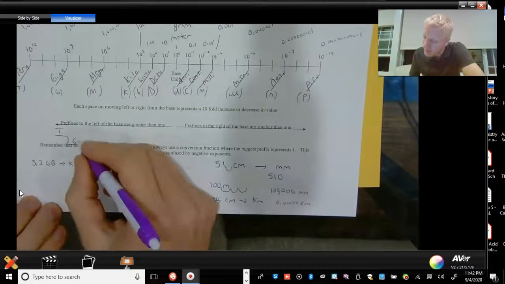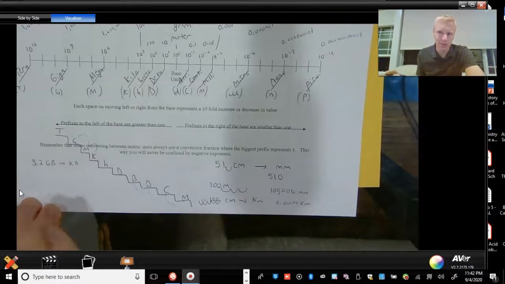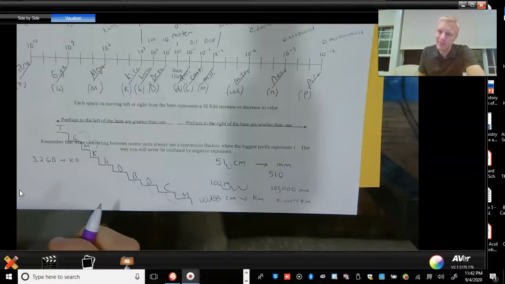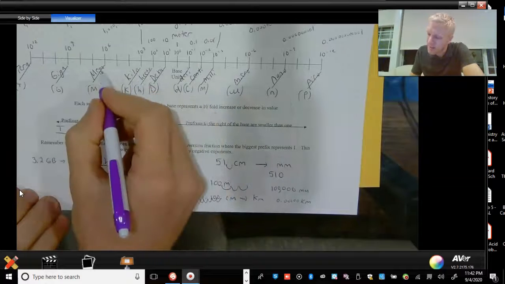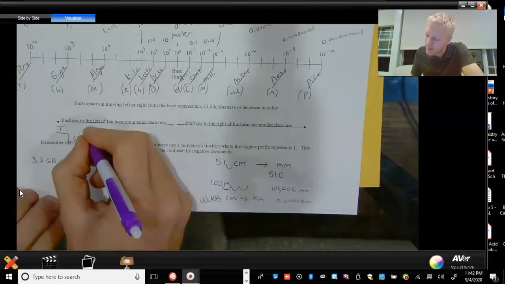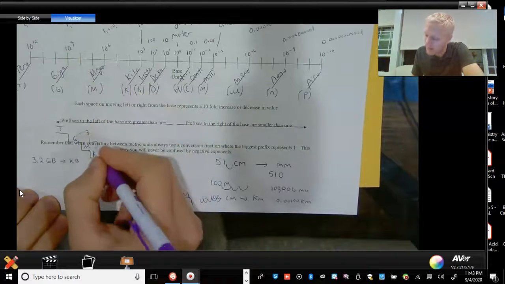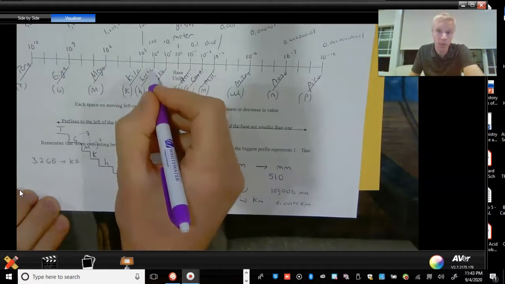So I'm going from giga to mega to kilo. Some people would say, oh, that's just 2 steps to the right. I know how to do that. Well, remember, over here, from giga to mega, it's 1, 2, 3 steps. And then mega to kilo, it's 1, 2, 3 steps. Kilo to hecto would be then 1 step.